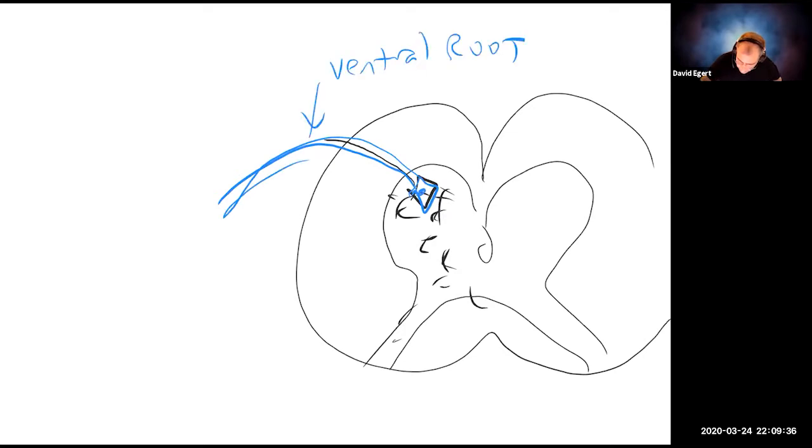This is the motor signals leaving. Maybe I'll do a different color here. Here's my dorsal root ganglion with all the signals that are coming in.